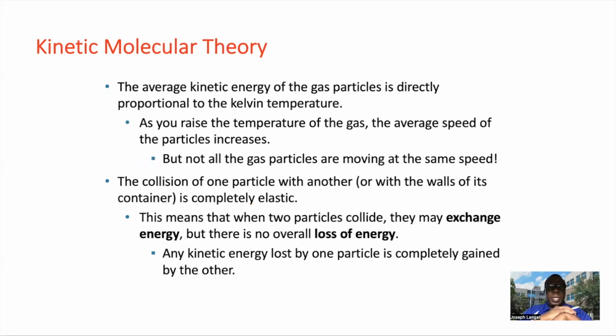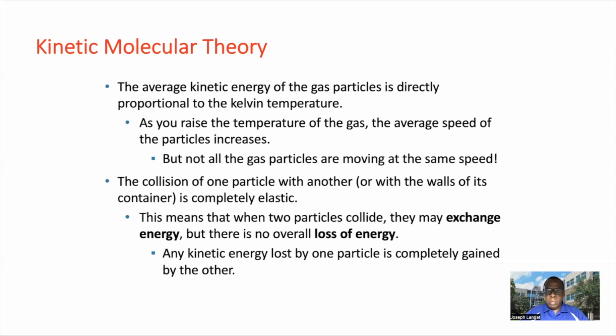So the average kinetic energy of the particles is proportional to temperature in Kelvin. Remember how to change temperature from degrees Celsius to Kelvin: adding 273. This explains why when you raise the temperature, the average speed of particles also increases. But not all gas particles move at the same speed because of the molar mass.